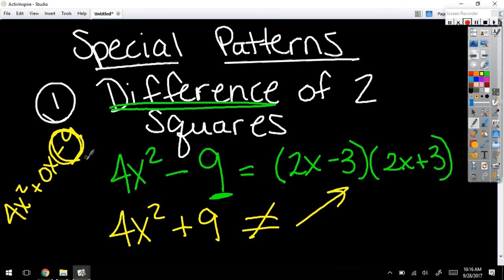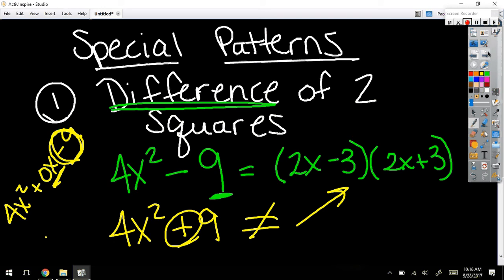This tells me that the signs are going to be mixed, and they have to add to 0. Well, if I changed it to a plus on the end and you had to have the same signs, nothing adds to 0 with the same sign. So that's why it doesn't work. So it only works if the 2 numbers are perfect squares and if there's a minus in the middle.